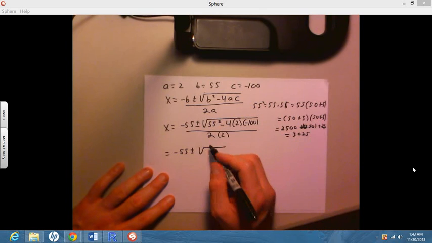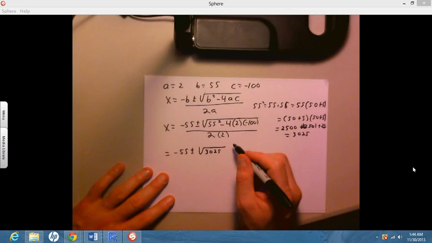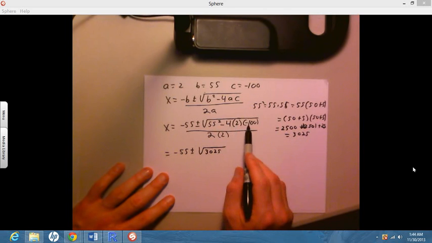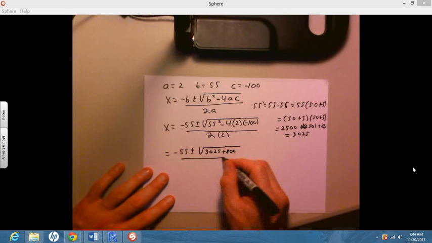So we have 3,025, and negative 4 times 2 is negative 8, times negative 100 is going to be plus 800, divided by 2 times 2 is 4.